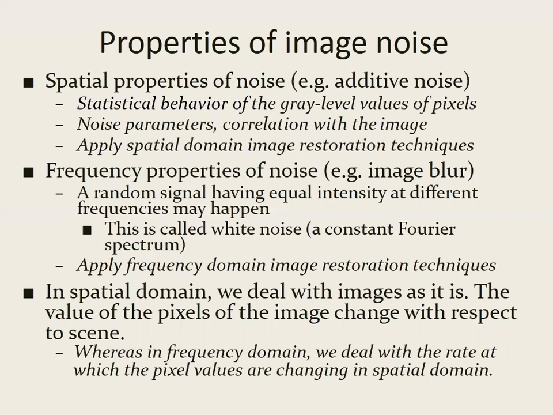The frequency domain transforms the image from the spatial domain to another domain, where we can understand the frequency of occurrence, not how much occurs, but the frequency of occurrence of noises relative to others within the image.